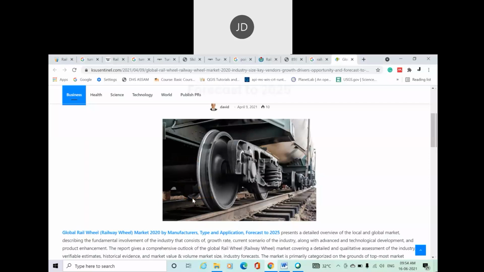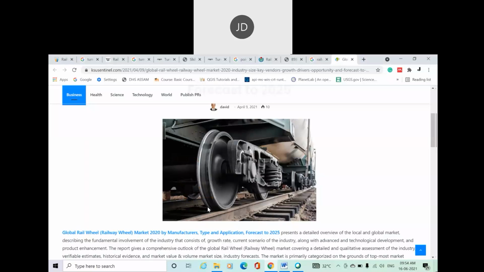Just look closely. The inner flank is larger. Here also the inner wheel is larger, and it is not in direct contact with the rail. There's always a gap between the railway surface and this tread, and this flank.